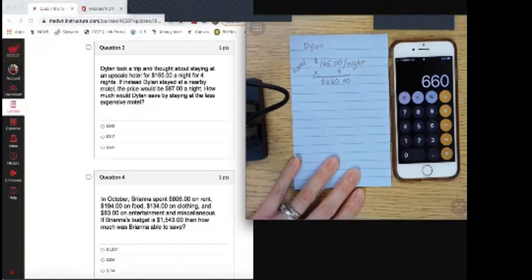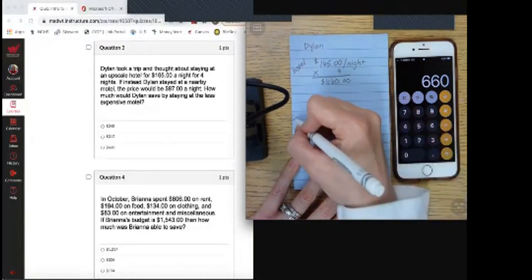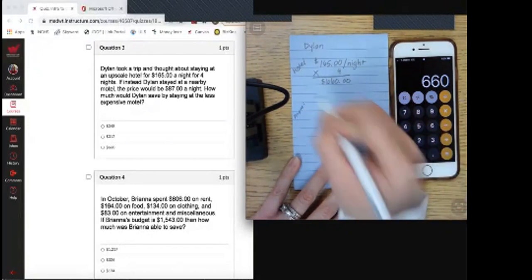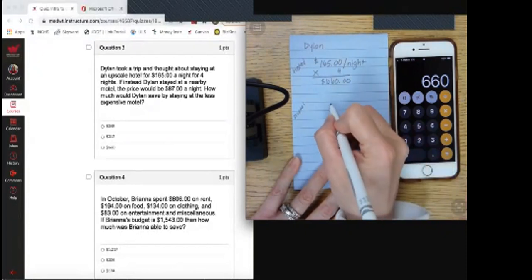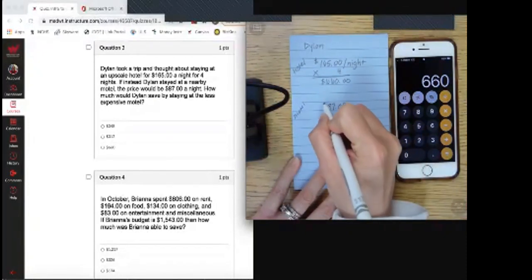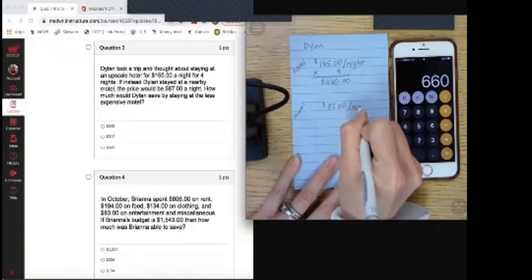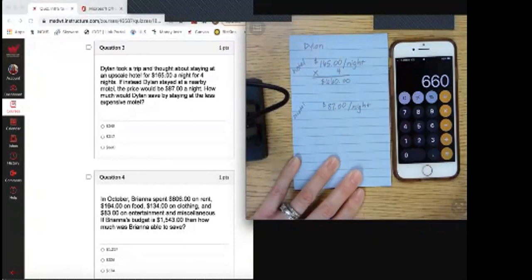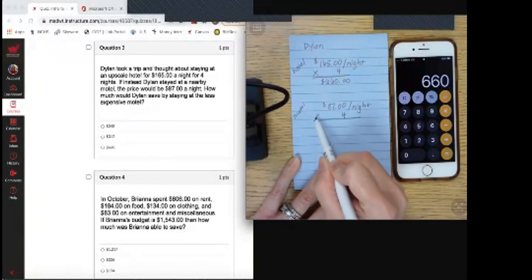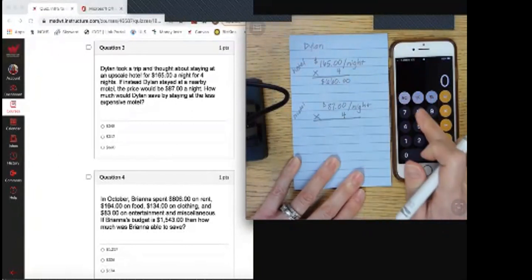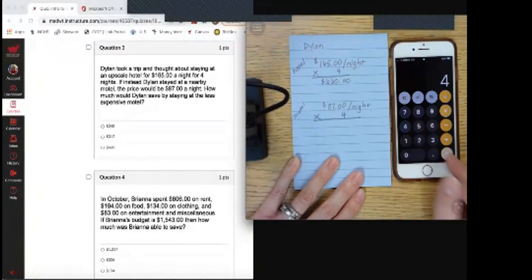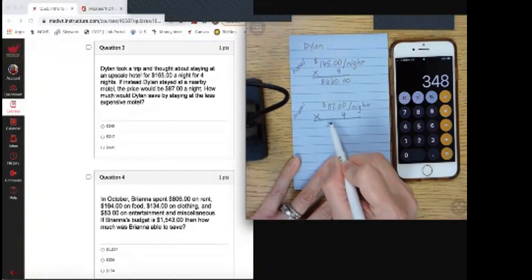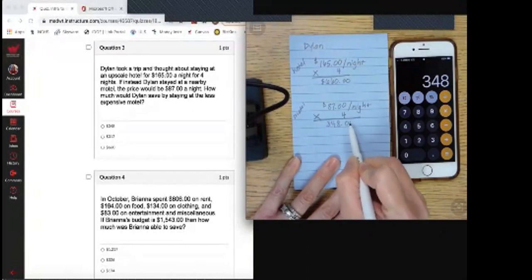Now, if he looked around and he saw that the motel was $87 per night, and he stayed for 4 nights, so 87 times 4 was $348.